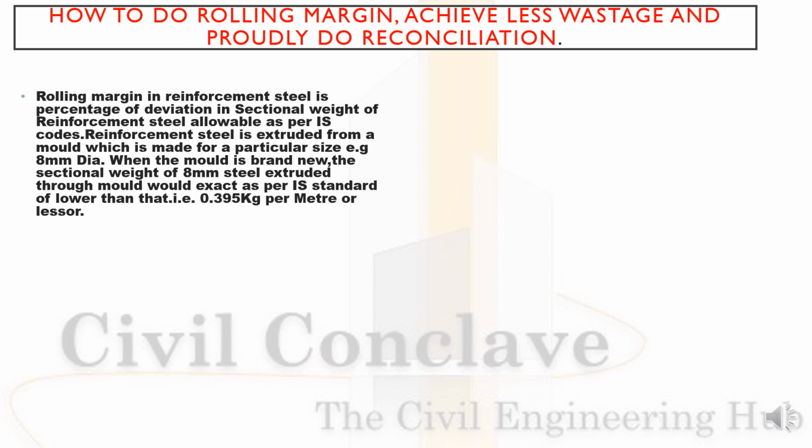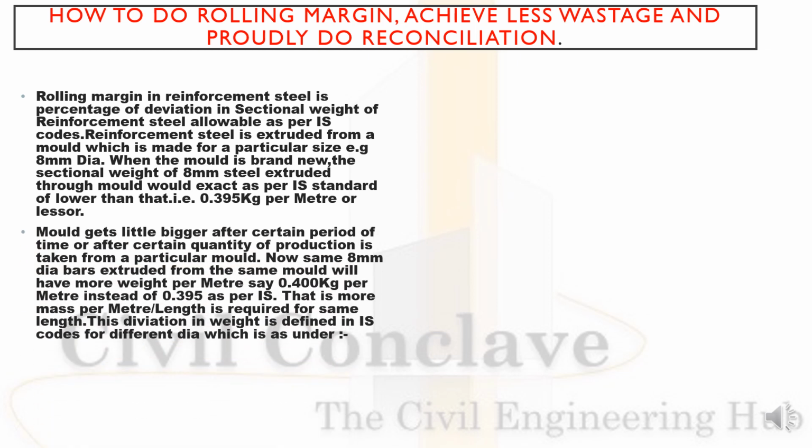Reinforcement steel is extruded from a mold which is made for a particular size, for example 8 mm dia, 10 mm dia, etc. When the mold is brand new, the sectional weight of the steel extruded through the mold would be exactly as per IS standard or lower than that, that is 0.395 kg per running meter or less.